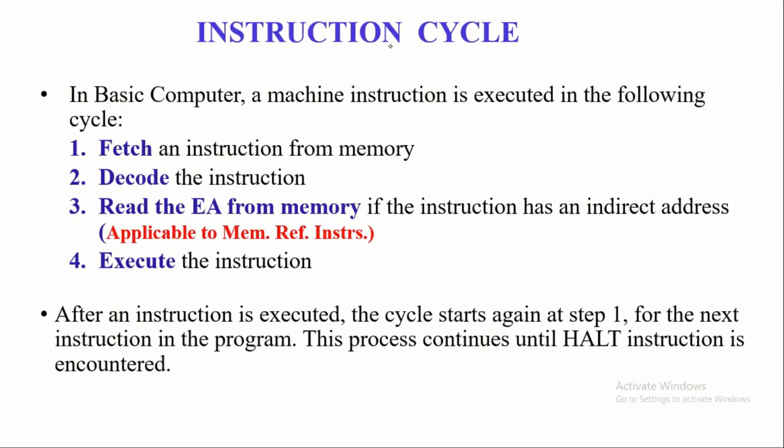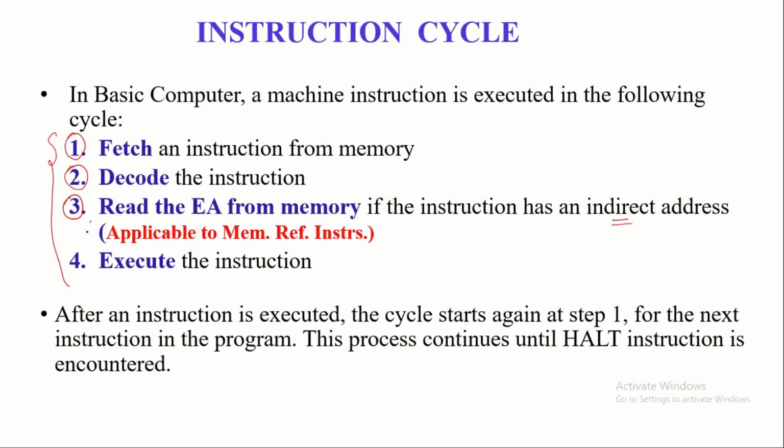Let us now discuss the instruction cycle of an instruction. In a basic computer, when a machine instruction is executed, it goes through four phases in its instruction cycle. In the first phase, the instruction is fetched from the memory. In the next phase, it is decoded. In the third phase, the effective address of the operand is read from the memory if the instruction has an indirect address.